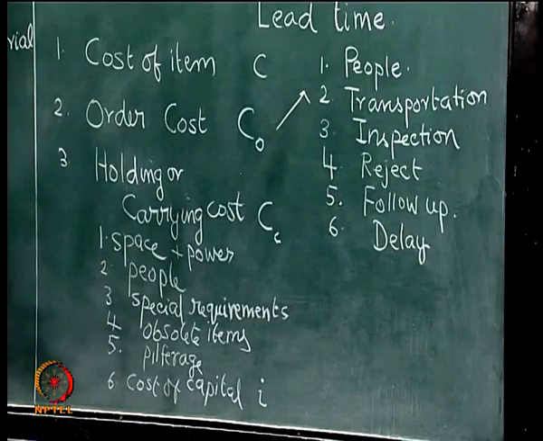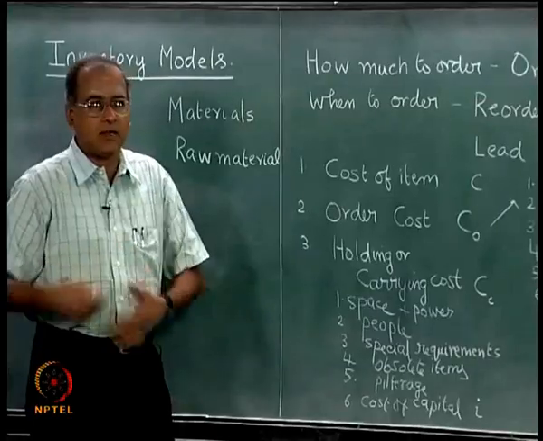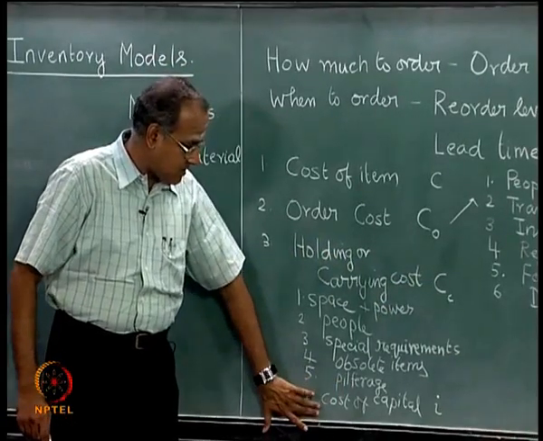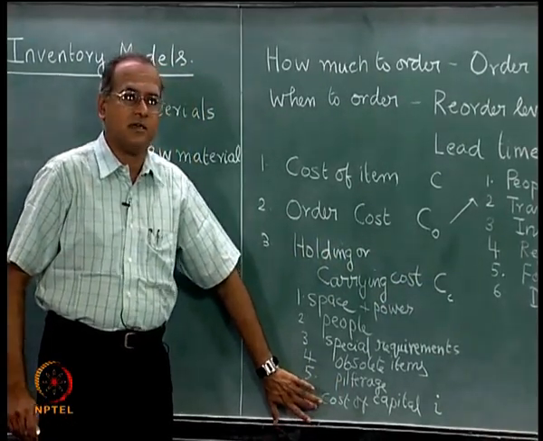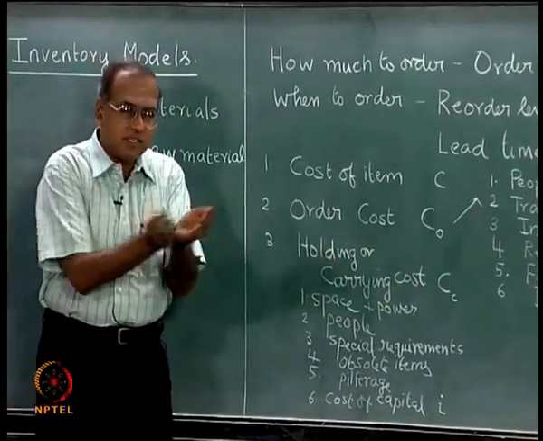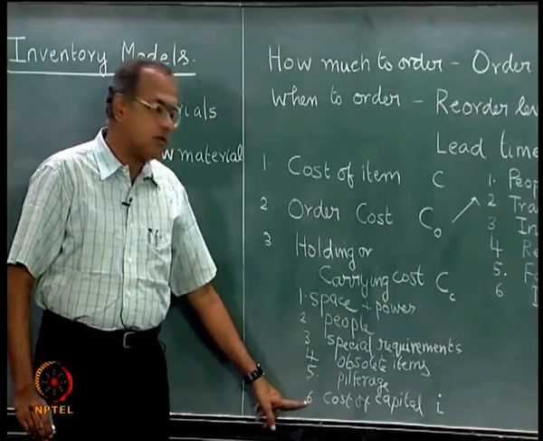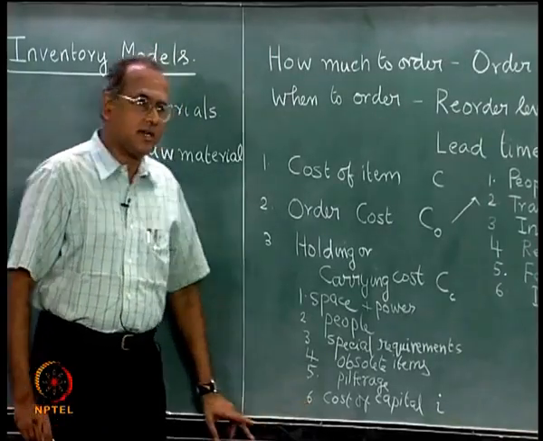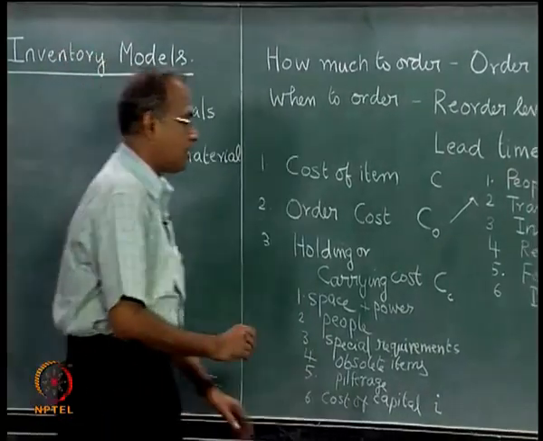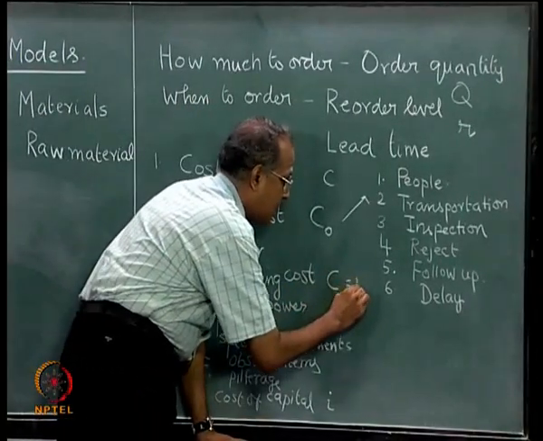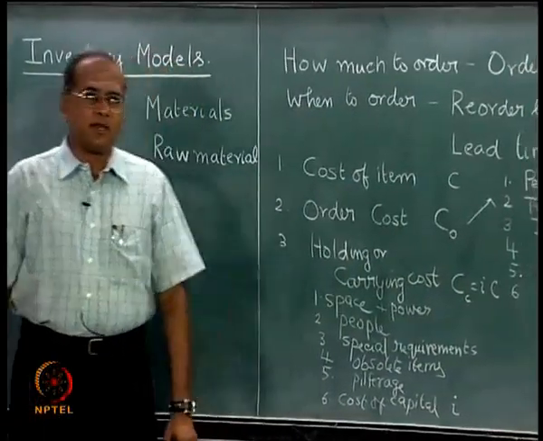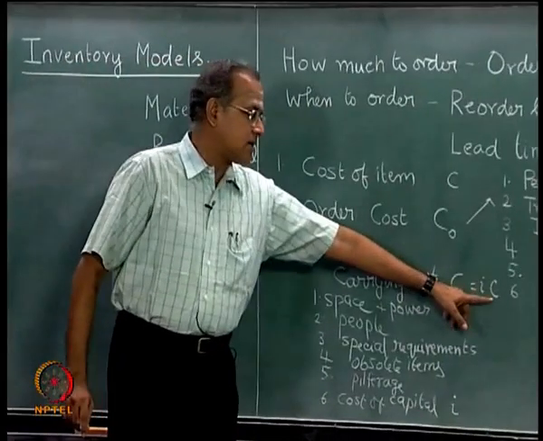Many times, if we actually work out the calculations for the various components, one would see that this takes a very large proportion of the CC, and the rest of them are actually very small compared to the contribution of this. So, in a situation where this dominates the rest of them, it is also customary to write CC as i into C, where i is the interest percent per year and C is the unit cost of the item.